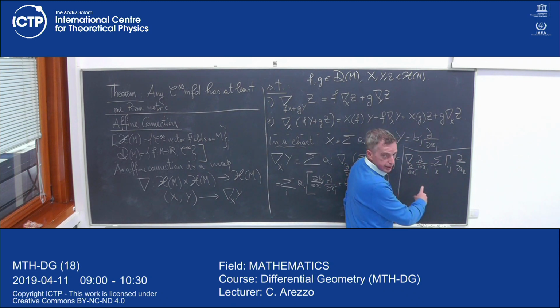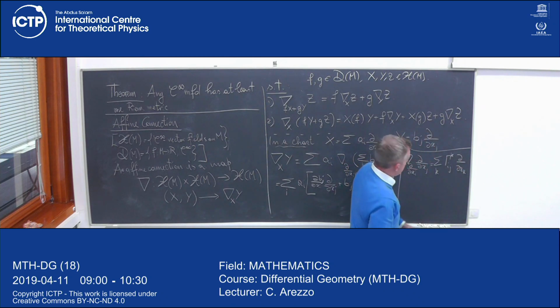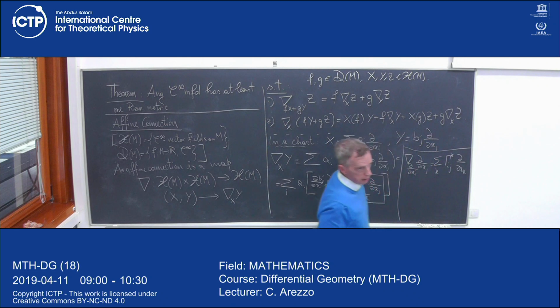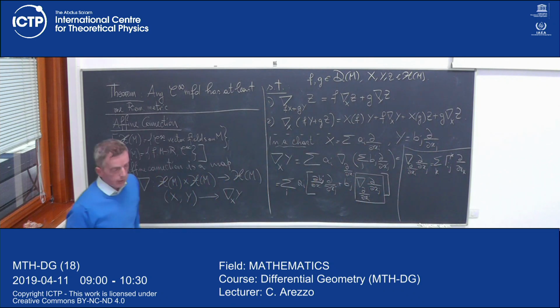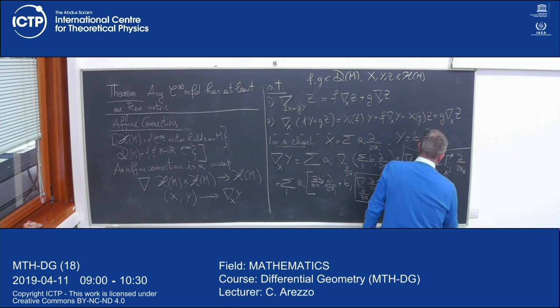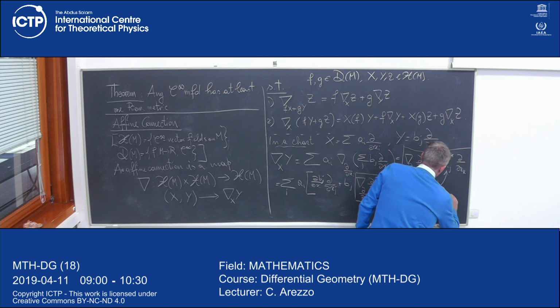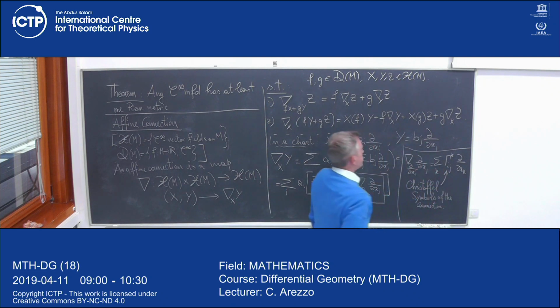They have two indices here, and one, because this is the one that you sum. And these are called the Christoffel symbols of the connection.